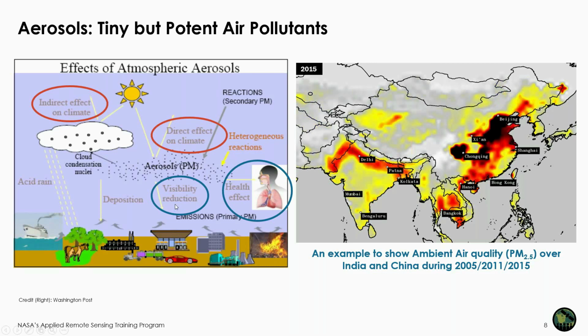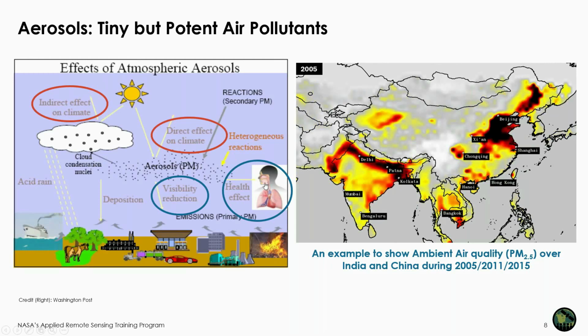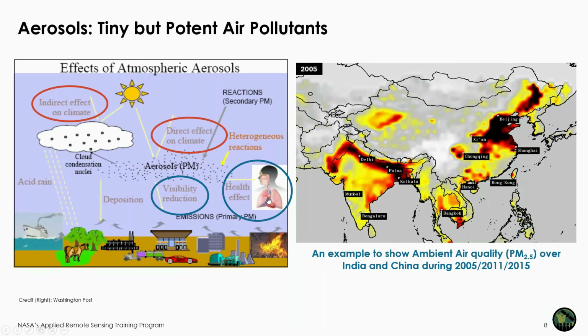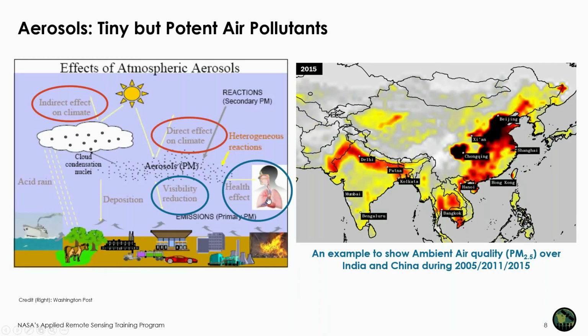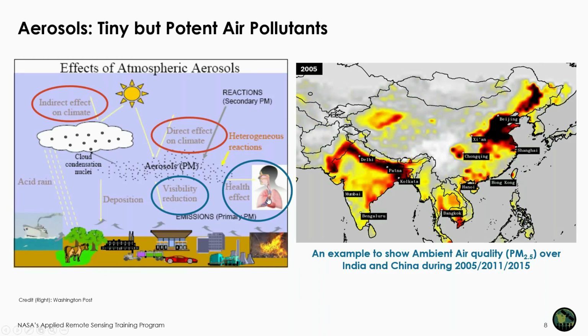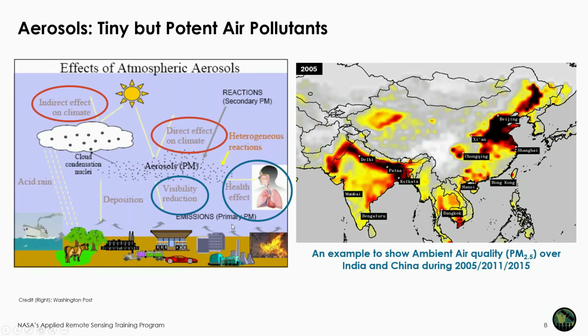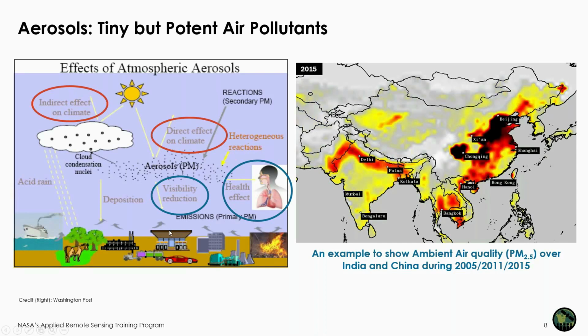And some of these particles, when inhaled by humans, if they are particles like PM2.5, whose size is less than 2.5 microns, can go into your respiratory system and make you sick. You can develop different types of lung diseases. So this is, in a nutshell, the total effect of aerosols on different ecosystems.